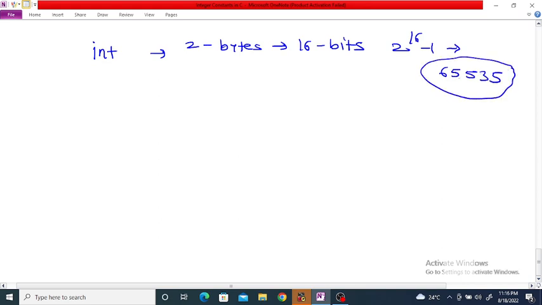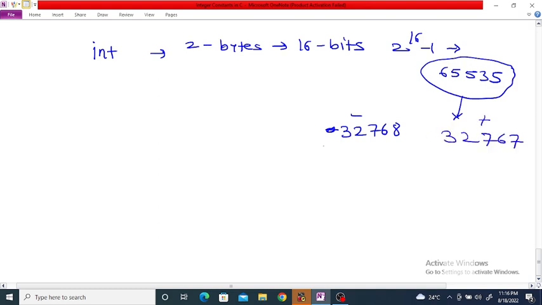This much larger number you can store in an integer, but these 65,000 are divided into two parts: for negative it is 32,768, and for positive it is 32,767.